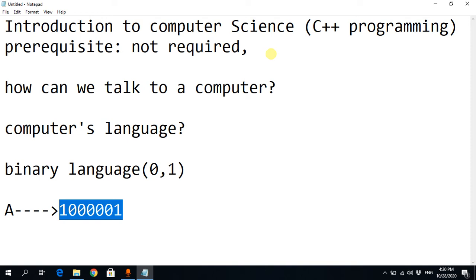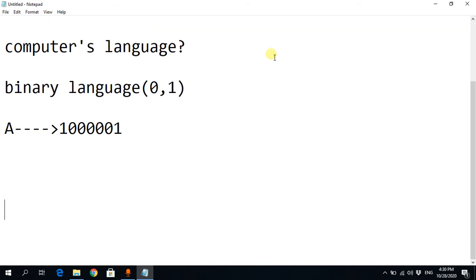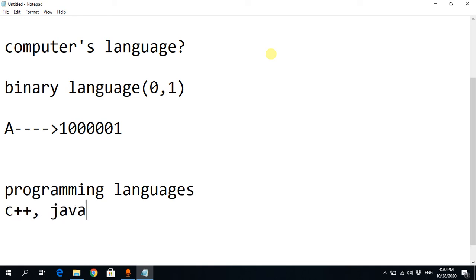Now the problem is, how can we remember these binary numbers? It is a really difficult thing. For that purpose, you need a translator. We will write programs in some programming language. There are many programming languages out there, like C++, Java, Python, and so on.